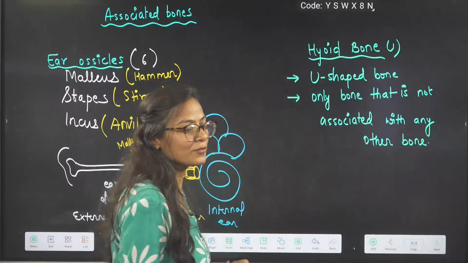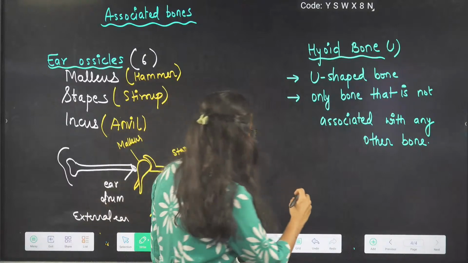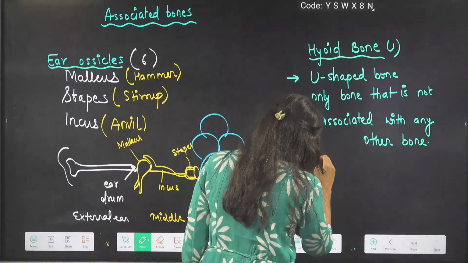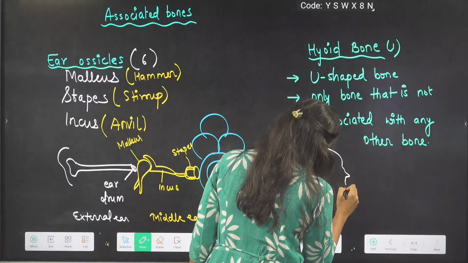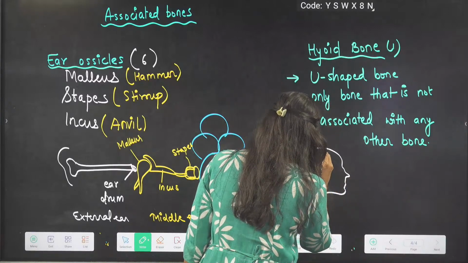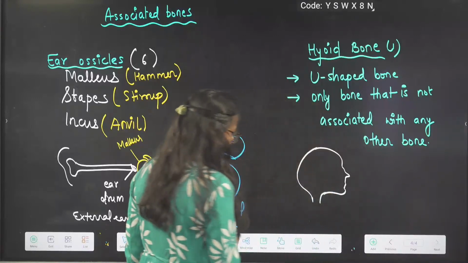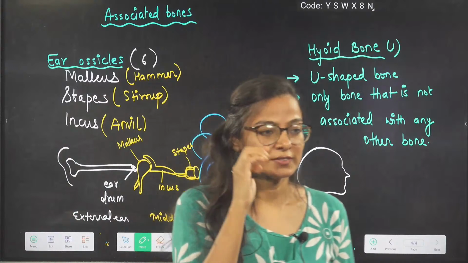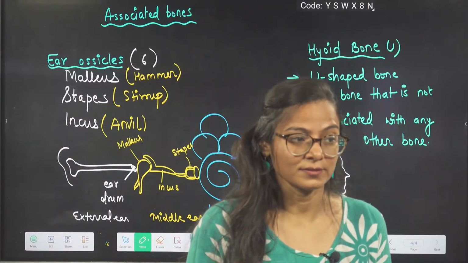Yes, I'm going to tell you where it is located. I'll show it in the diagram better. You know the tongue, where is the tongue attached? Can you tell me? Yes, the tongue is attached from which part? It is not attached to the esophagus.